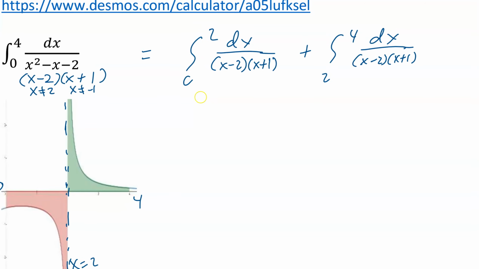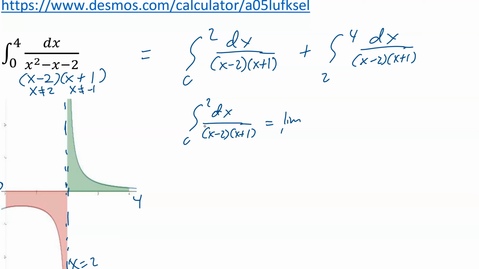So we have the integral from 0 to 2 dx, and where we're having the issue is at the 2. So this would be the limit as t approaches 2, and you can see that we're on the left side here, so we're approaching from the negative.